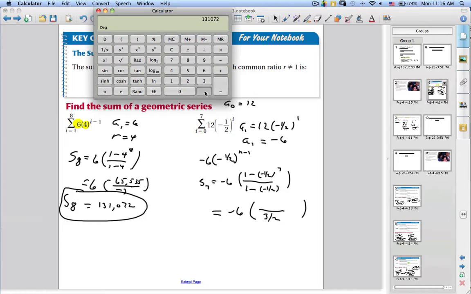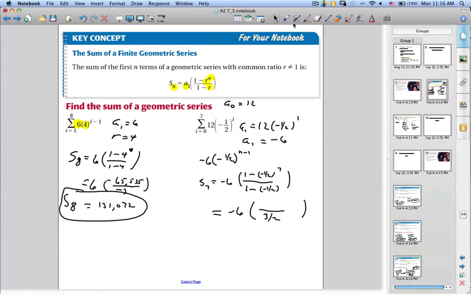I can take 0.5 to the 7th power, but it's a very small fraction. Because I'd rather have fractions, I'm just going to figure out the denominator. 2 to the 7th power is 128. So I have 1 minus negative 1 over 128.